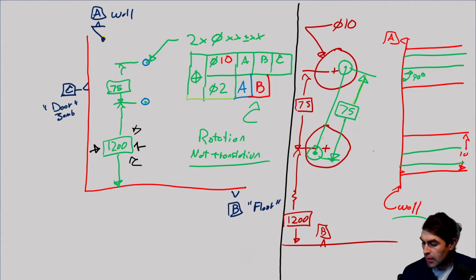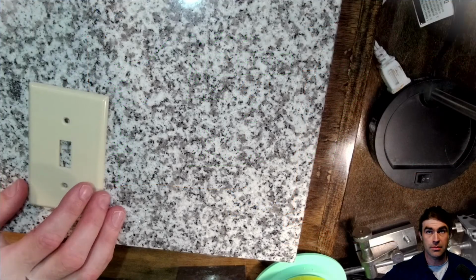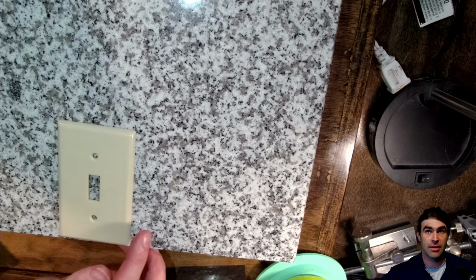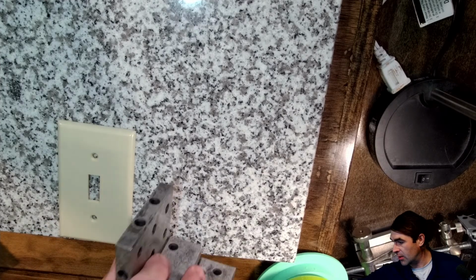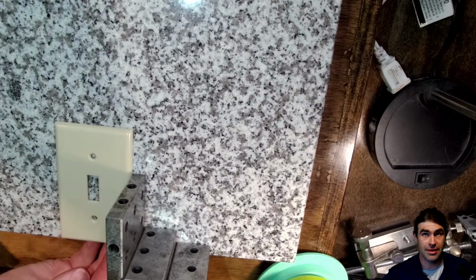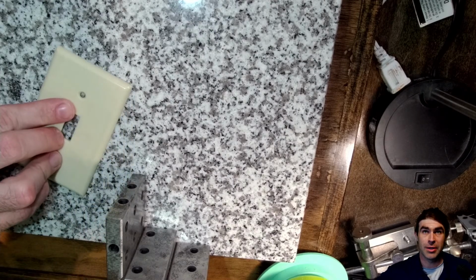Well, as we can see here, these two holes are crooked relative to, say, our floor here. What we want, and let me switch back over here, is this light switch cover to be perpendicular to the floor. We don't want it to be crooked.